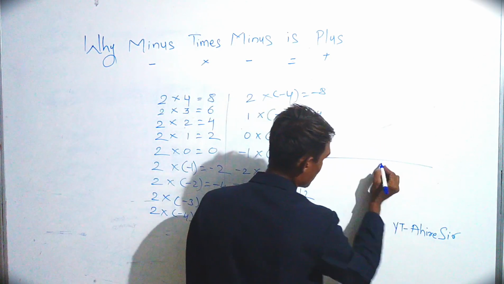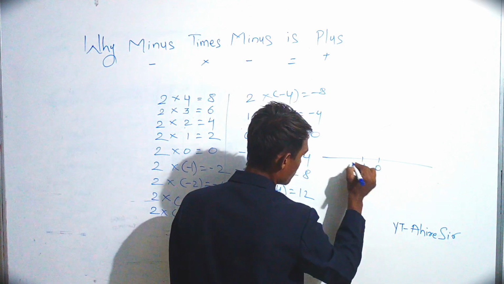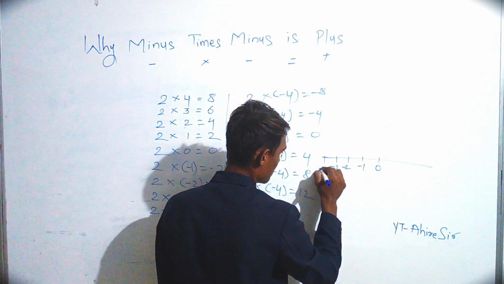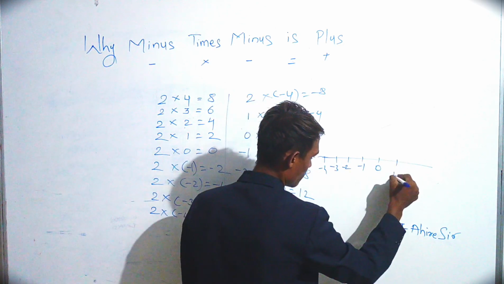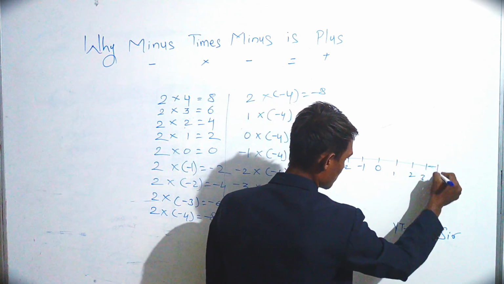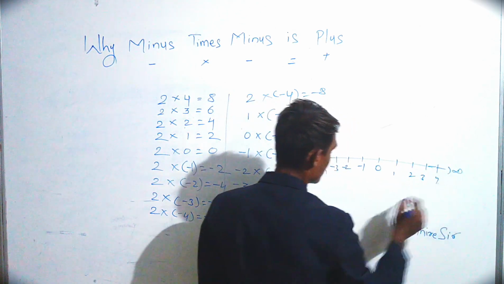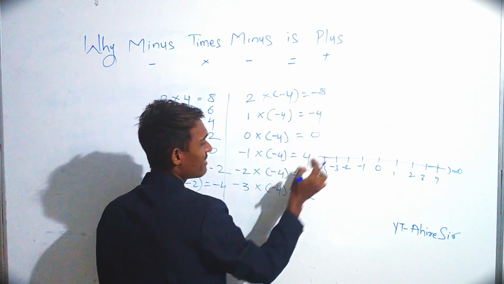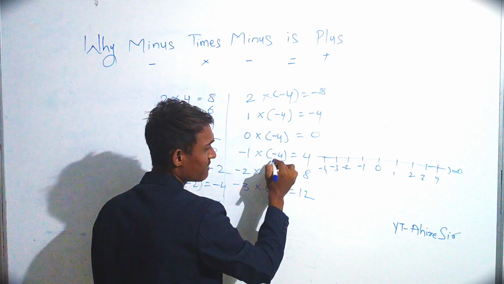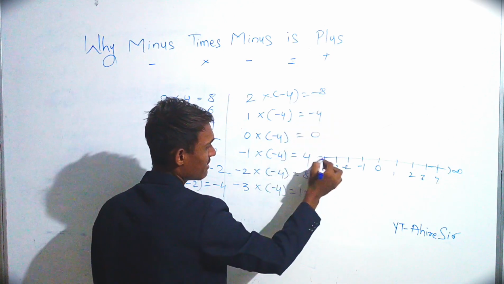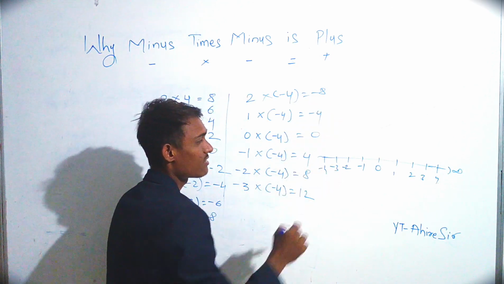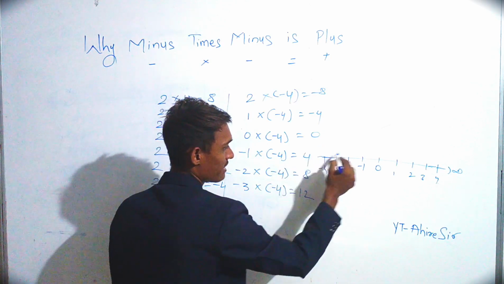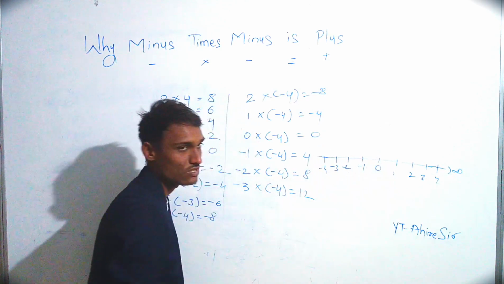If you know the number line, 0, minus 1, minus 2, minus 3, minus 4 onwards, and 1, 2, 3, 4 onwards to infinity. See the locations. Minus 8 will be here, and it comes by the next way. It is minus 4. From minus 4, it is 0. It comes towards 0.